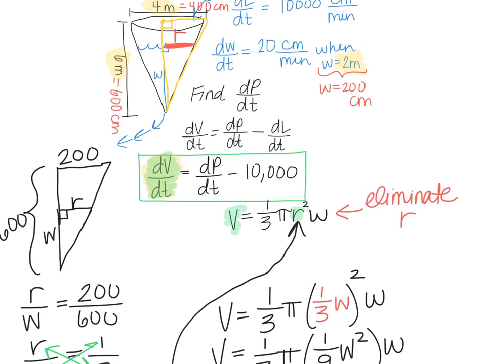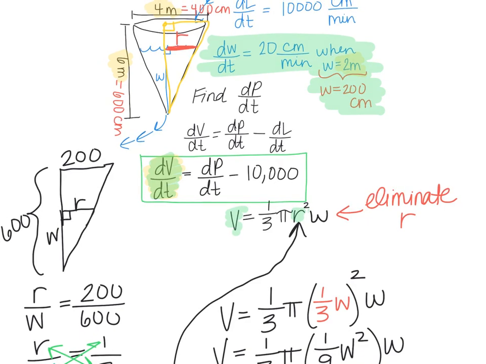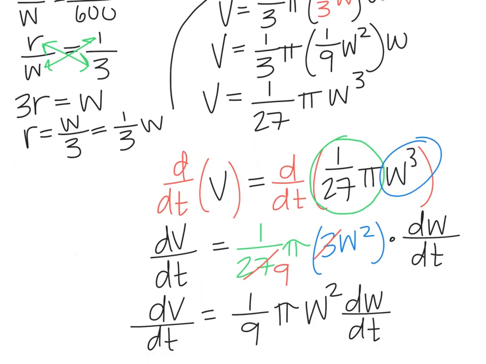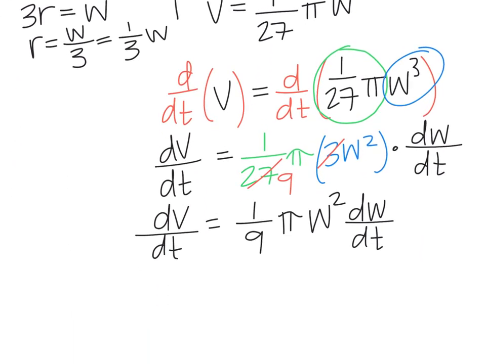Way back up here. So I'm looking at dw dt was equal to 20 centimeters per minute when w was equal to 200 centimeters. So I need to input those values down here. That will give me the value for dv dt, and then this is where I'm going to have you guys finish it on your own.